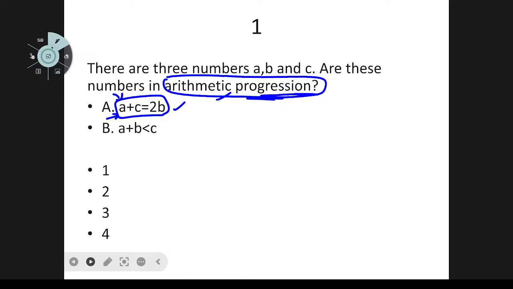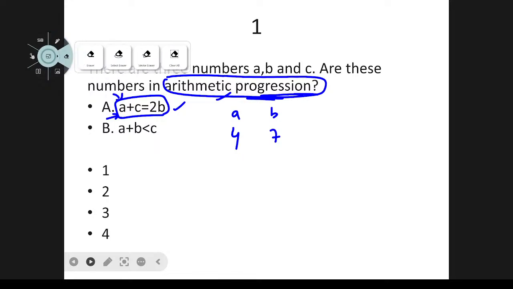Simple, right? So let's say I am taking A is equal to 4, and C I am taking as 7, so that the B value is easy for me to understand.